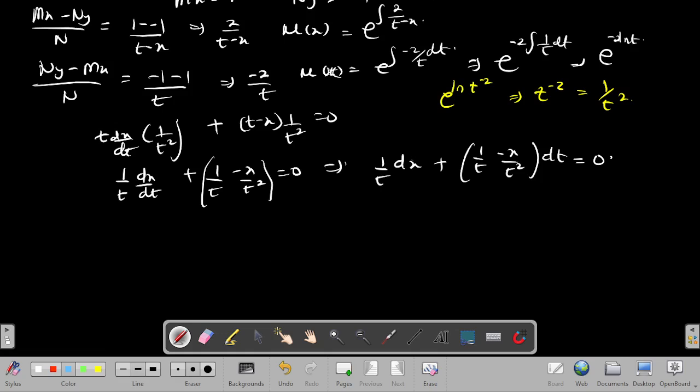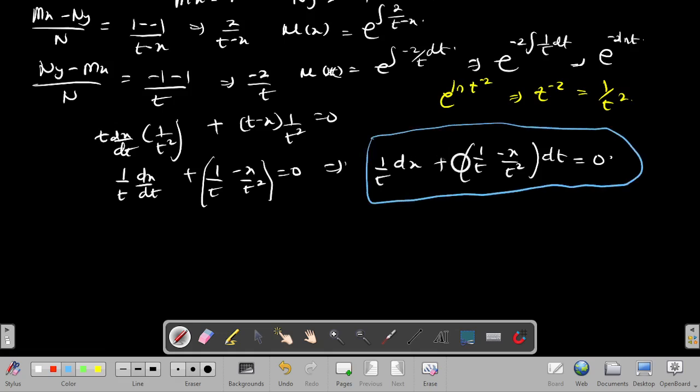With this expression here, I have a differential equation which is exact once again. Let's check whether now it is indeed exact. We have changed it from non-exact to exact. To do that, I will differentiate this with respect to t because it's attached to the dx. When I differentiate this with respect to t, I'm getting negative t to the power negative 1, so I'll get negative 1 over t squared.